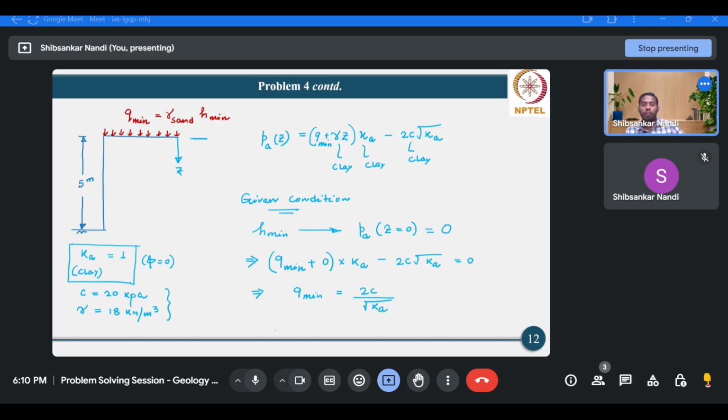Now what is Q minimum? Q minimum is nothing but gamma sand into H minimum.